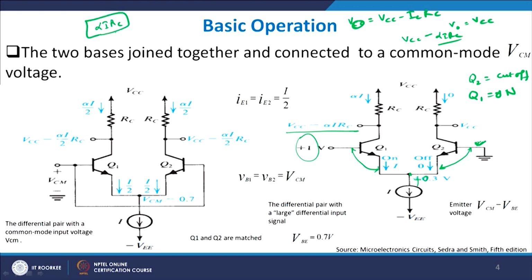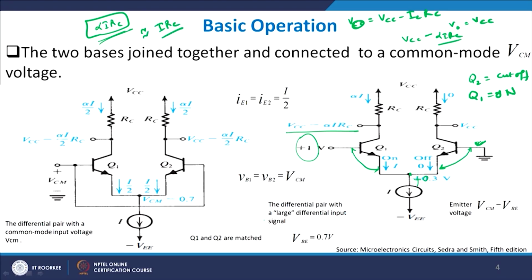fine, which means that if I give a difference voltage of plus 1 volt between the left arm and right arm, I get an output which is basically a DC output and is given by alpha I times RC. Alpha is very close to 1, so I can approximate this to be equal to I times RC, where I is the current flowing through the device.